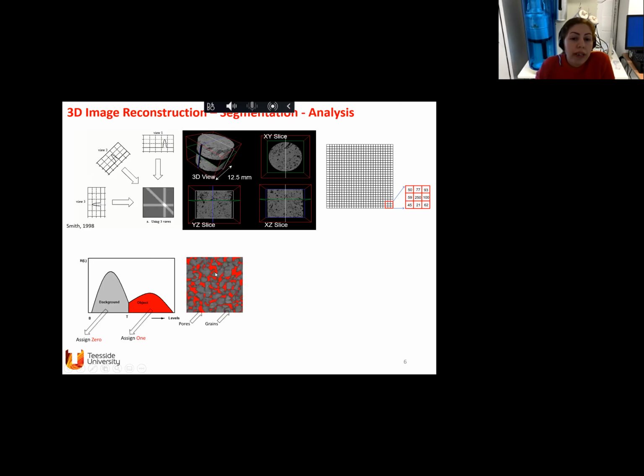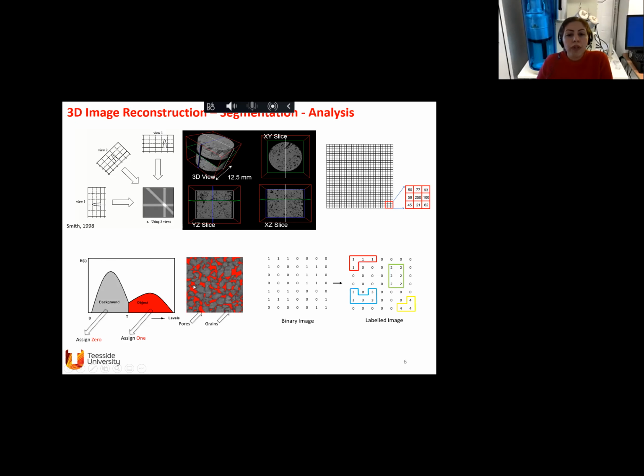You could then try to isolate a specific phase if you're interested in understanding how that phase is evolving. For instance, here I have been interested in the pore space, shown in red, that is in between the grains of this sand sample, and you could isolate or segment that phase.